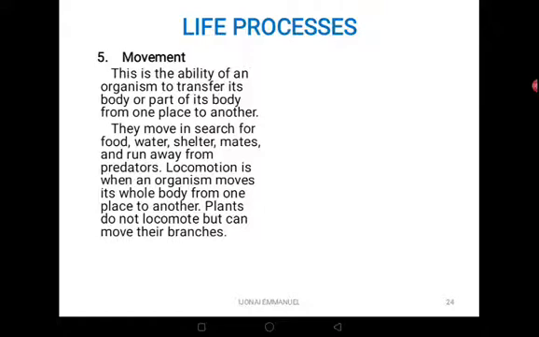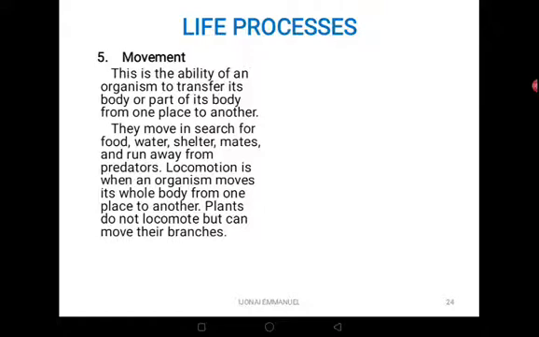But locomotion particularly is when an organism moves the whole body from one place to another. For example, you walk from home to school or from home to the market. That one is called locomotion. But when you move your hand up, down, that one is called movement. When you blink your eyes, that's part of movement.